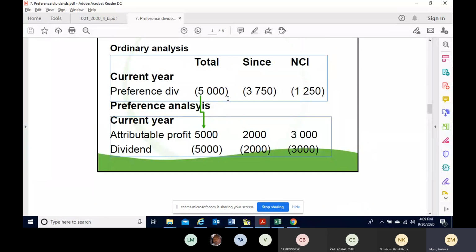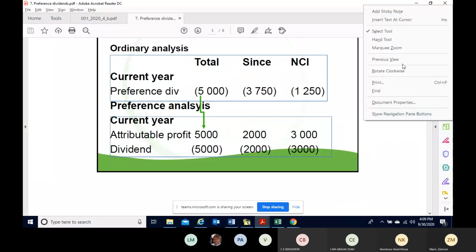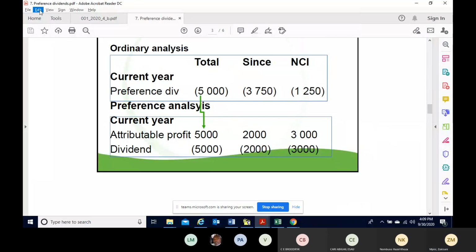So 40% of 5,000 should provide you... let's just quickly, sorry, I'm just taking a calculator. 40% is 2,000.